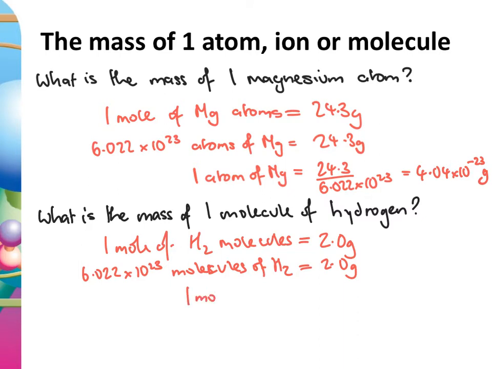So 1 molecule of hydrogen is going to have the mass of the molar mass divided by Avogadro's number, which equals 3.32 times 10 to the minus 24 grams. Again, a molecule of hydrogen has an incredibly small mass.